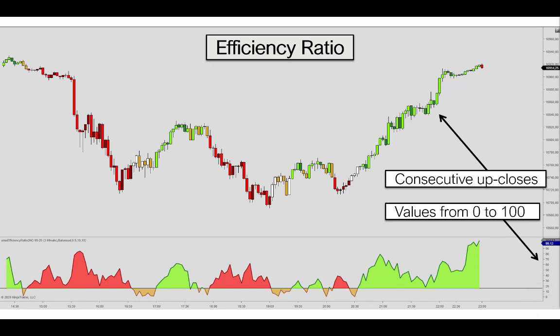Obviously, the output of this indicator will depend on the look back period. So here we have 10 bars. Then it's quite easy to imagine scenarios where you have 10 consecutive up closes, and that's where we get a very high efficiency ratio reading here.